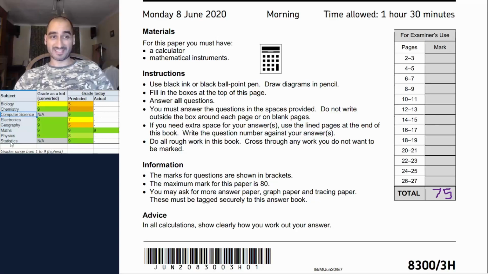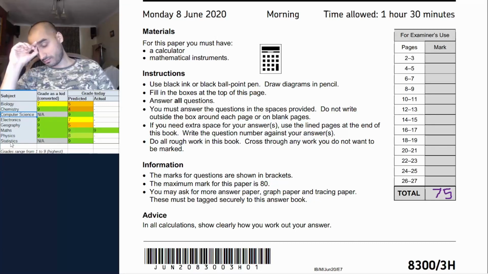Then probably statistics, then physics, then biology, then electronics, then geography, then chemistry. That's in order of what I think I'm most familiar with to least familiar with. So next time I'll do computer science. And I'm predicting top grade, even though I don't even know what's in the syllabus. I'm just that confident.